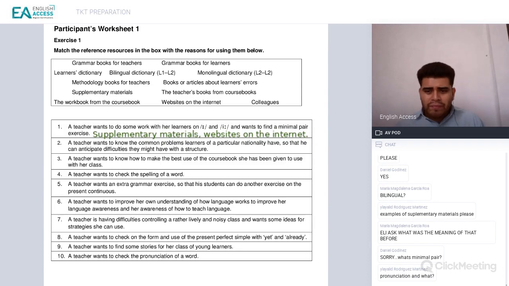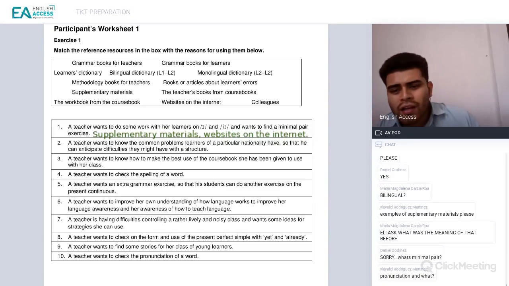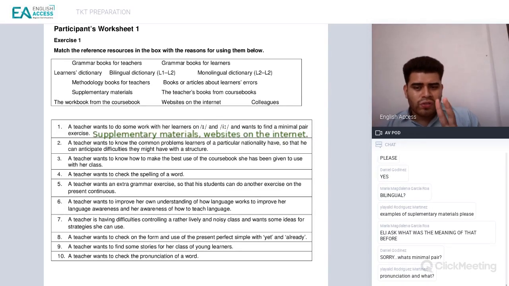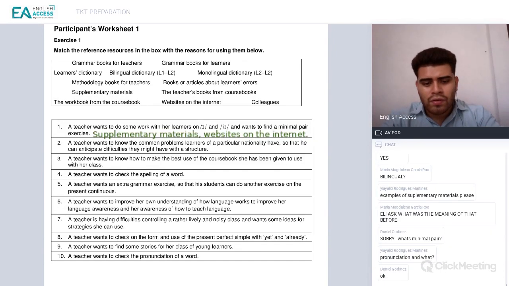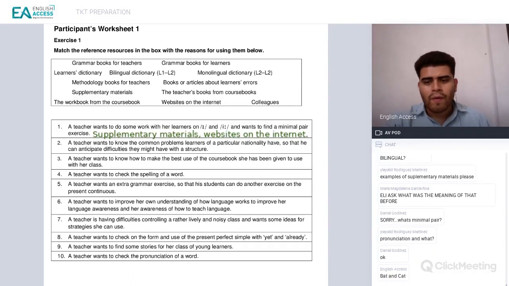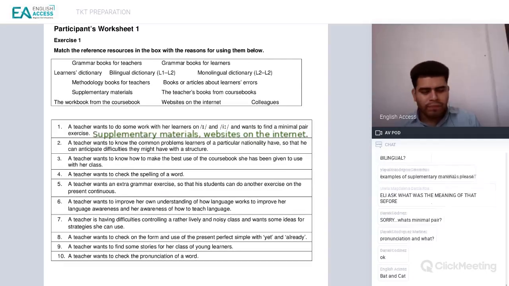Daniel, a minimal pair is two or many words that only change one sound. For example, bat and cat. Bat and cat are minimal pairs because only one sound changes in those words. It's phonology.